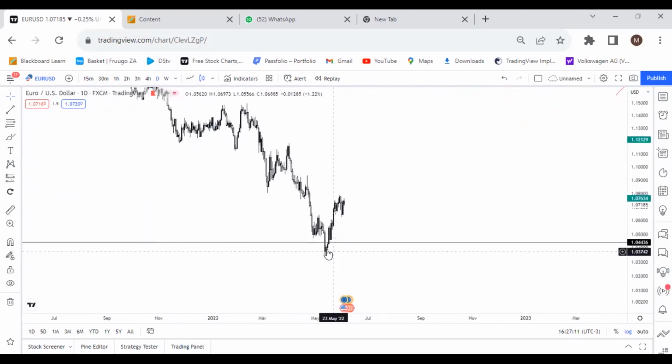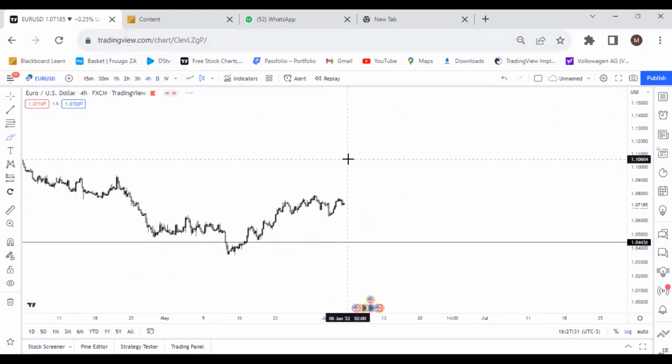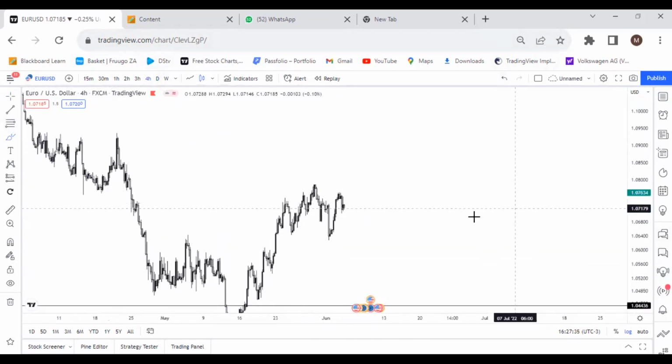So you can see that we had a nice rejection from this support in the daily, and it was a huge impulse just going straight up. So I'm just gonna jump into the 4 hour time frame and look at what we have.